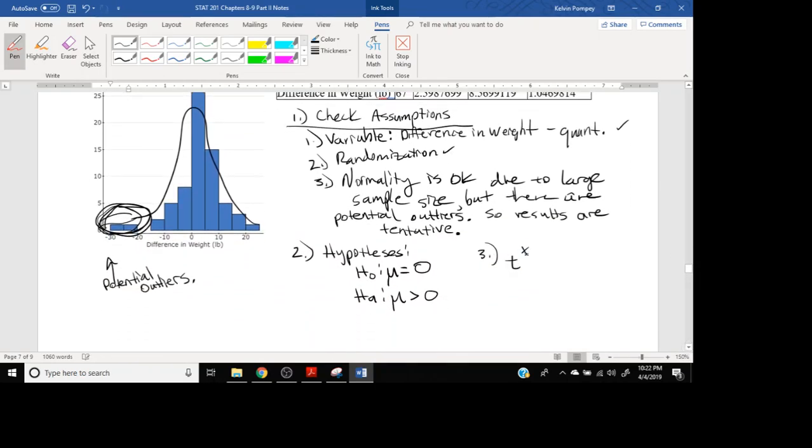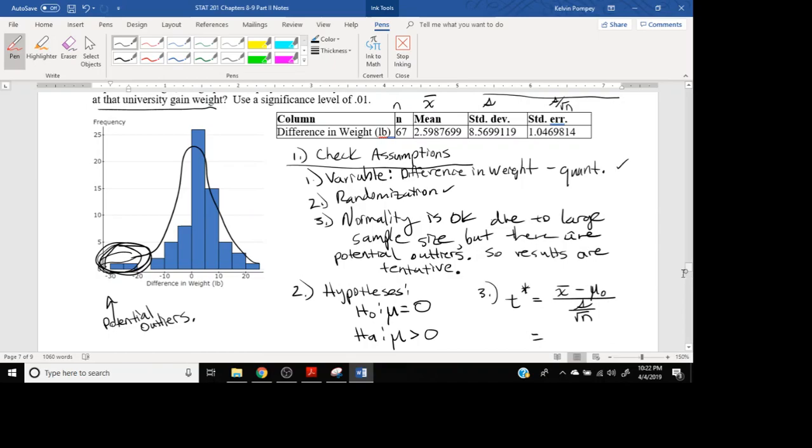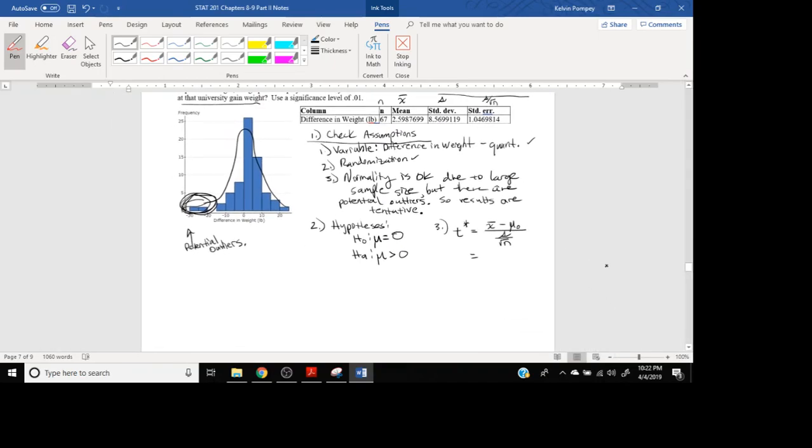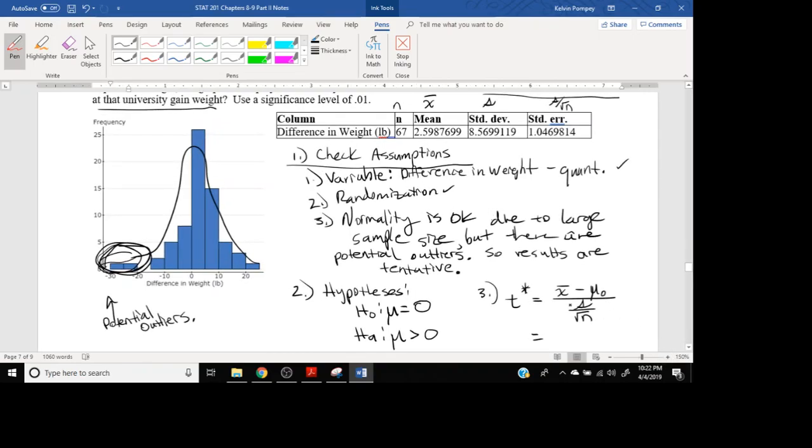And so our T statistic is going to equal X bar minus the null hypothesized value all over S divided by the square root of N. All right, I'm going to zoom out a little bit. Our X bar, I'm going to round to 4 decimal places, was 2.5988.